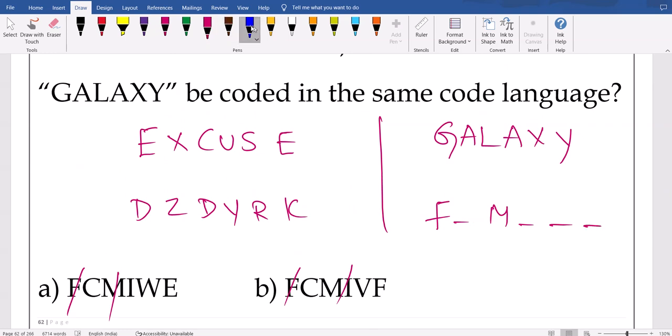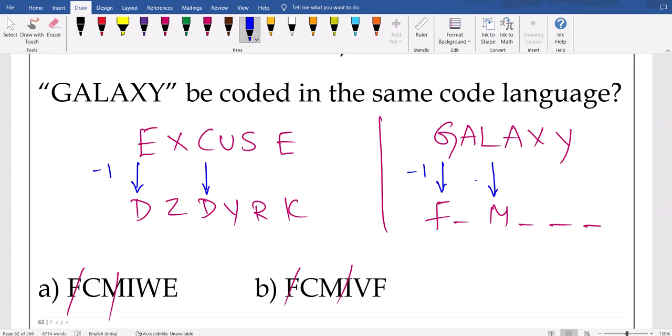Now if you observe here also, E's previous letter is D, G's previous letter is F, same position, same logic. Next, C and C. Next letter of D here, L's next letter M. So at least we can understand they are doing same position, same logic.